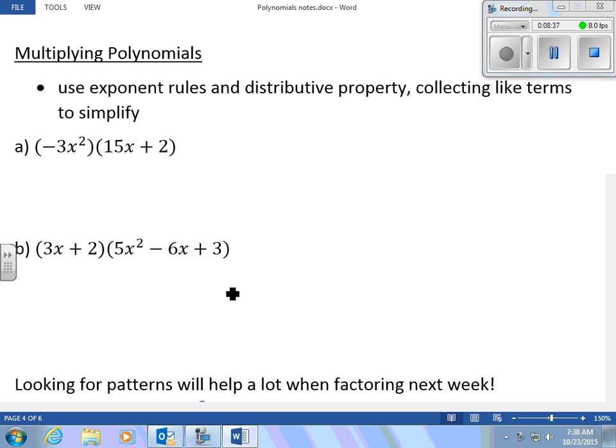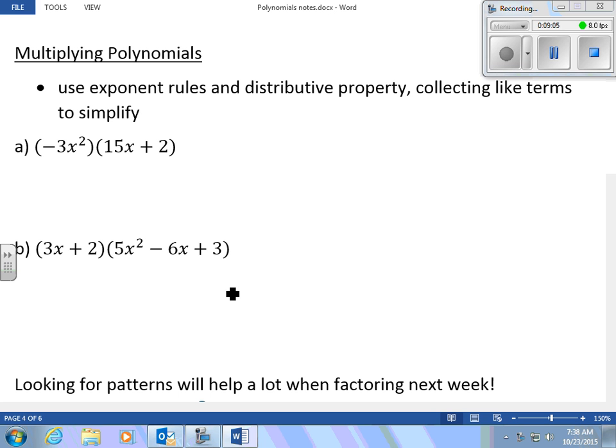In a separate lesson, we'll do dividing polynomials, which we give a special name called factoring, but we won't look at factoring today, but multiplying smoothly makes factoring more easy. So we're going to use our rules of exponents and the distributive property, and then our final step is always, if necessary, collecting or combining any like terms.